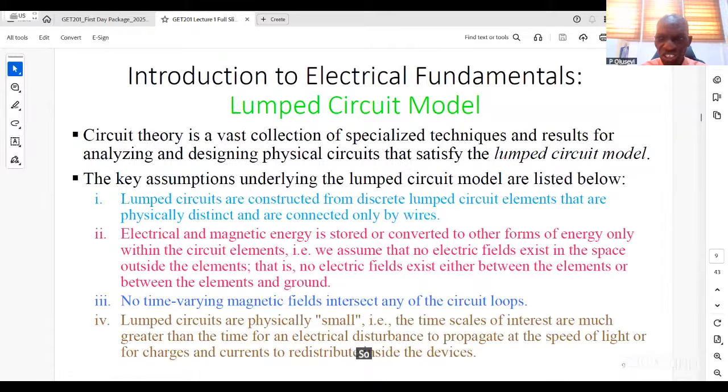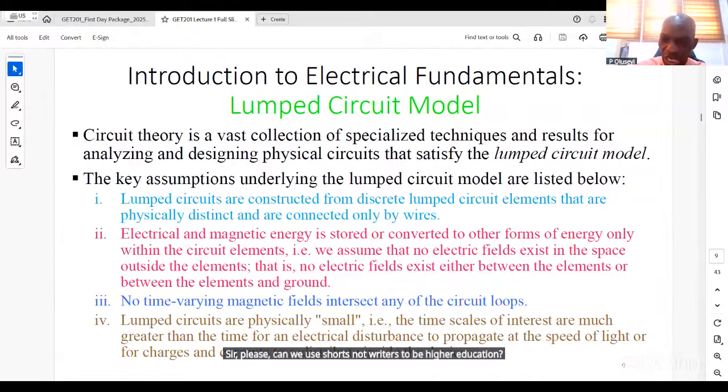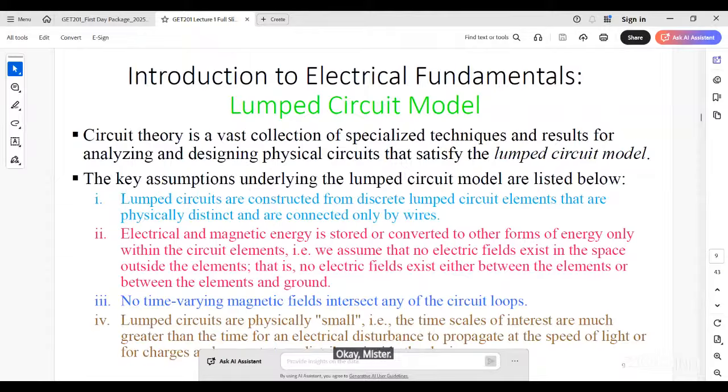So my 2 minutes is running now. Sir, please, can we use short note or does it have to be higher education? Whichever one, anyone can be used. Yeah, I'm listening to you.